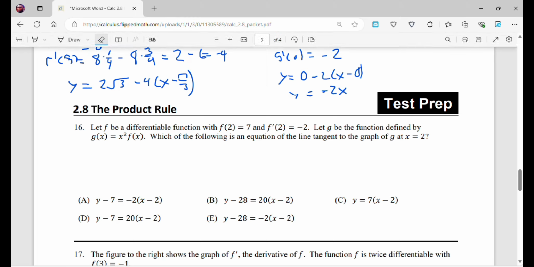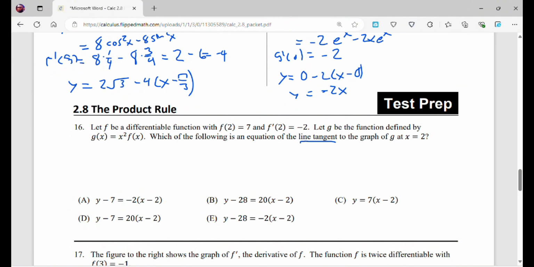So we have the line tangent at x equals 2 of g, not f, of g. Some important points right here. We have some information, but we need to find g of 2 and g prime of 2.